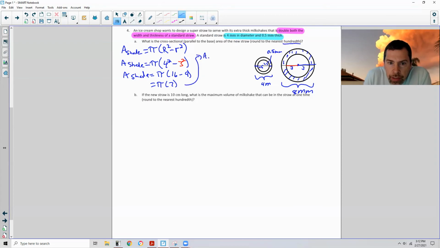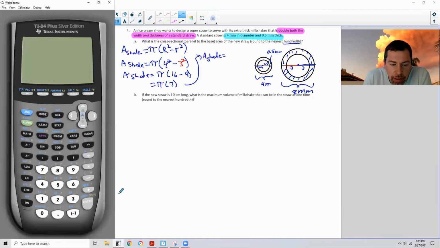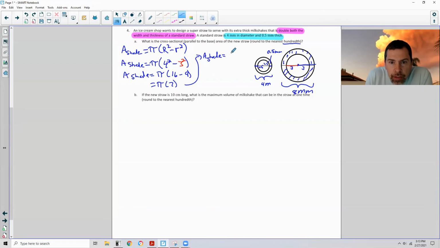Whenever you see that, when it says to round, it wants an approximation. We're not going to leave it in terms of pi. So I say 7 pi, enter, and hundredth is 2 decimal places. So 21.99, and that one would drop off. So the area of the shaded region is 21.99 millimeters squared.